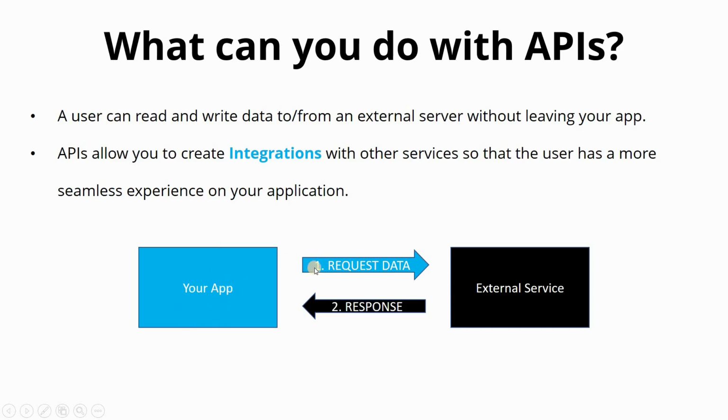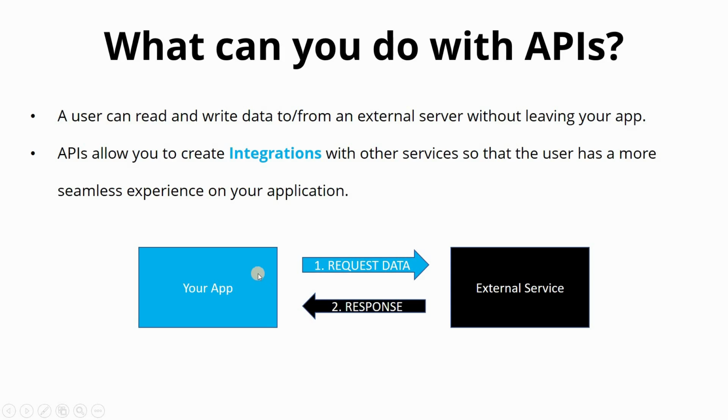You send a request to, let's say this is Facebook, and your request was, hey, go update my profile picture, or maybe go like that comment. And what Facebook will do is it'll receive your request, it'll make sure that everything is formatted properly, that you have the proper authorization, and it'll make that change on your behalf. And you don't ever have to leave. This is like a background process. You make the request, Facebook takes it, does what it needs to do, and it'll always send a response back.